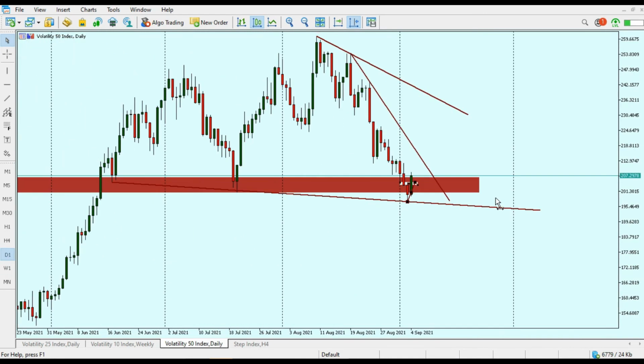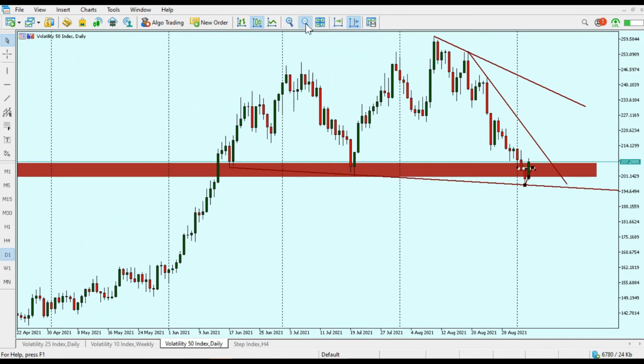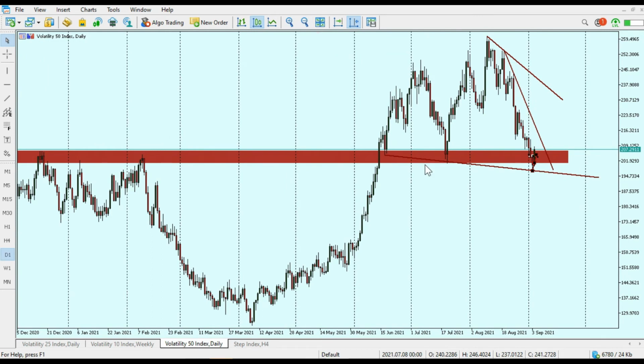so let's go to the daily time frame. We see a very strong support. It was tested first. This was a resistance which became a support. It was tested and then it respected it. So we have this also.